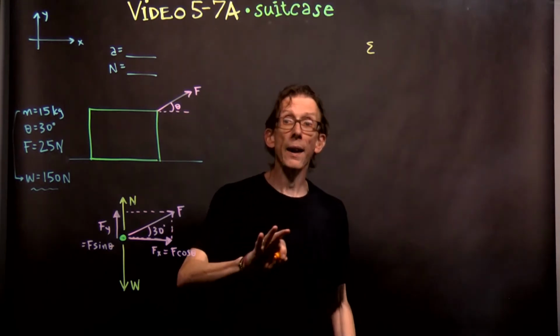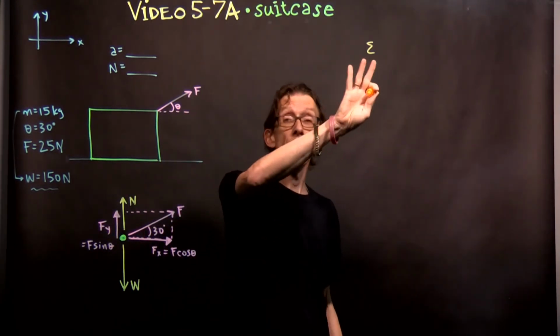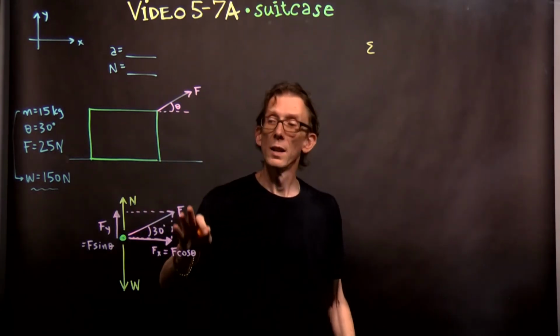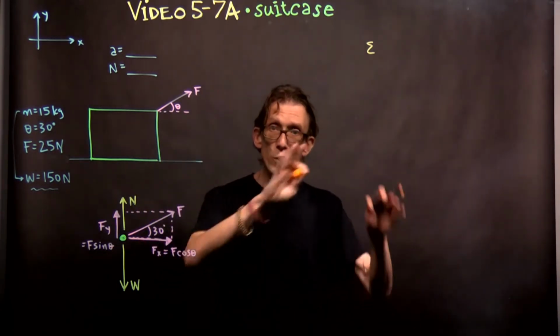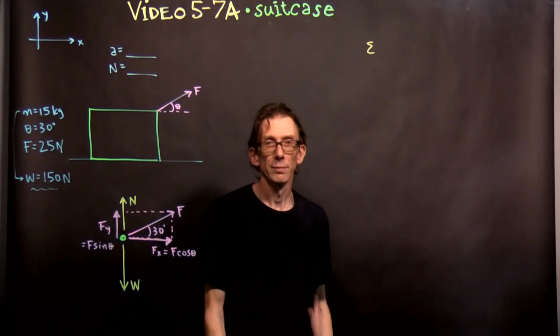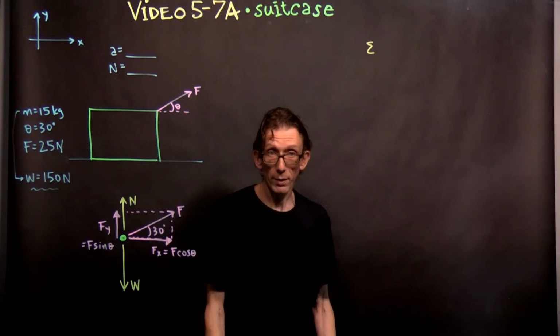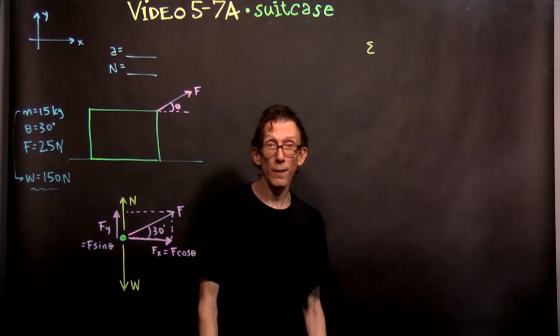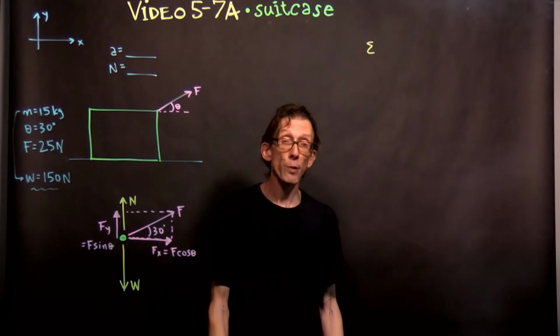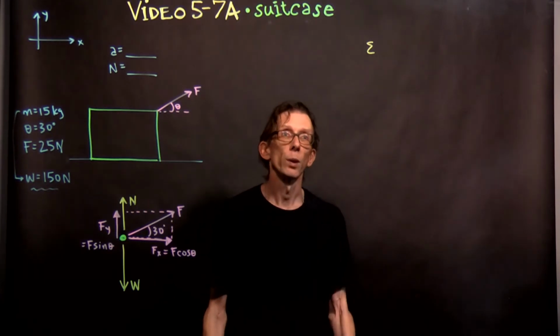Once you apply Newton's second law to this case, the things we're looking for will show up in our equations. You have to make the equation using Newton's second law. You're not given the equation. That's a big difference between chapter 4 and chapter 5. In chapter 5, you've got to come up with the equation yourself by applying Newton's second law and then solve it for the thing you're looking for.